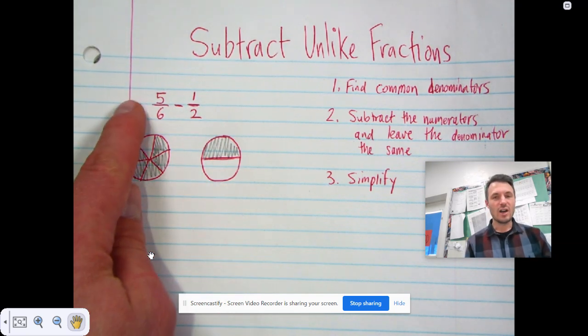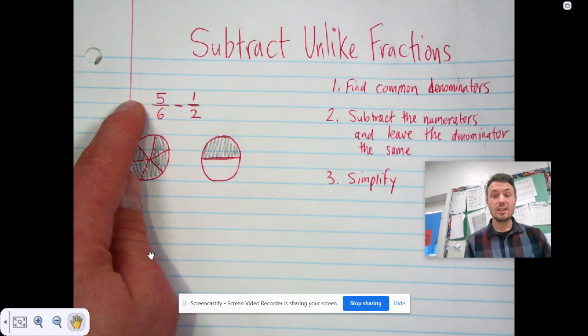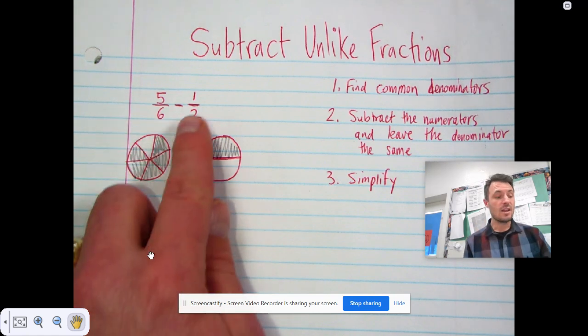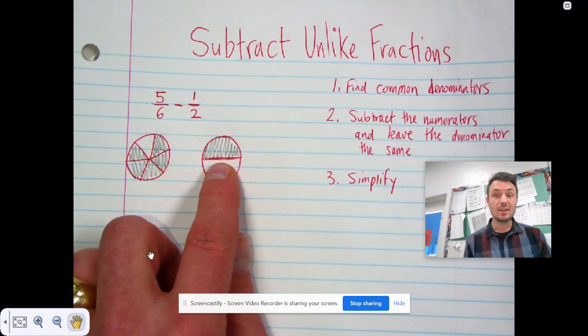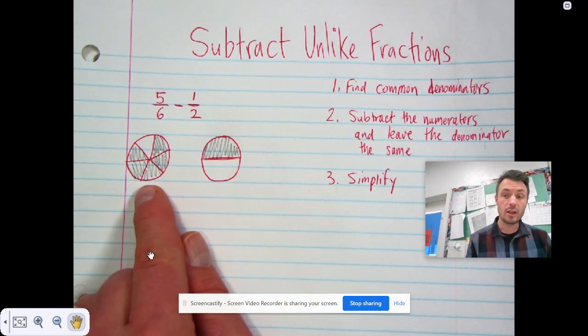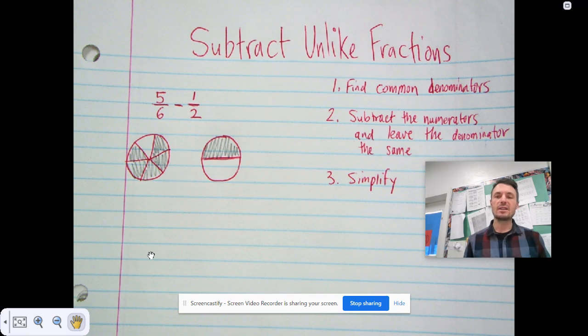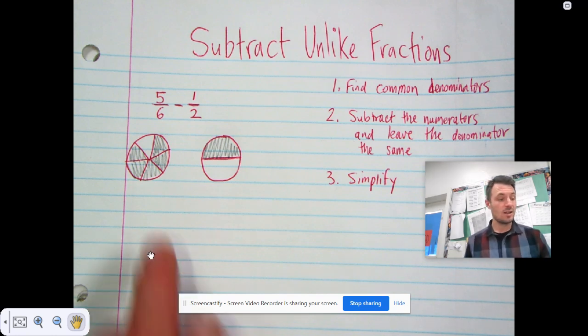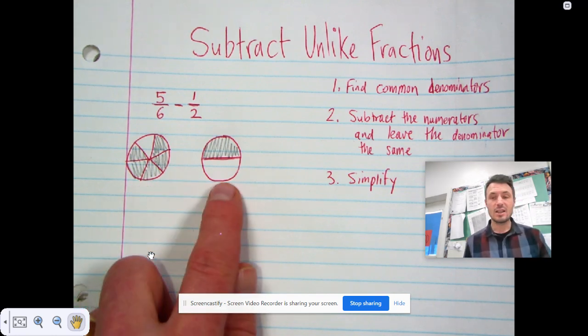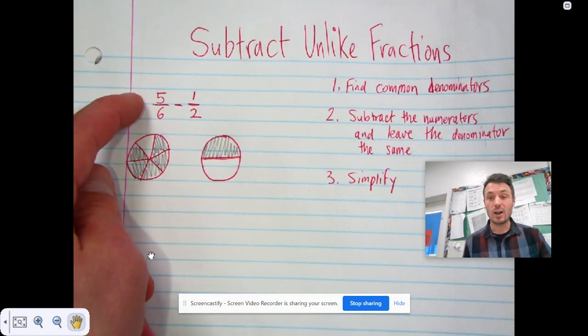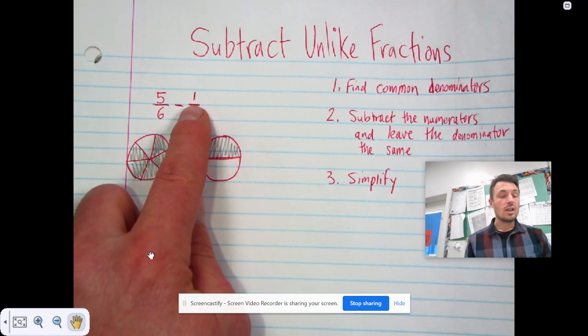Well, his 5 slices, his 5 doesn't mean the same. If you ate 5 of these slices, you would have eaten way more than him. So because your denominators are different, the amount of slices don't mean the same thing. Slices here don't mean the same thing as slices here, so we can't subtract the numerators. We can't say that he ate what?